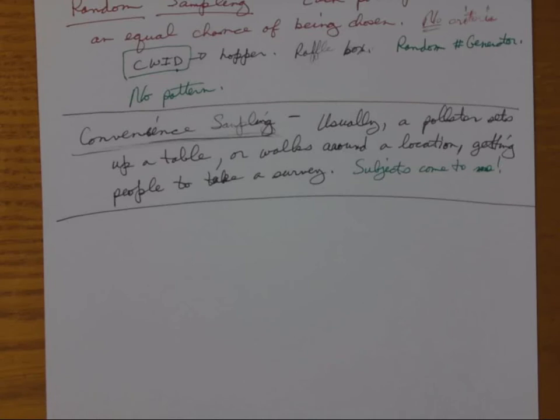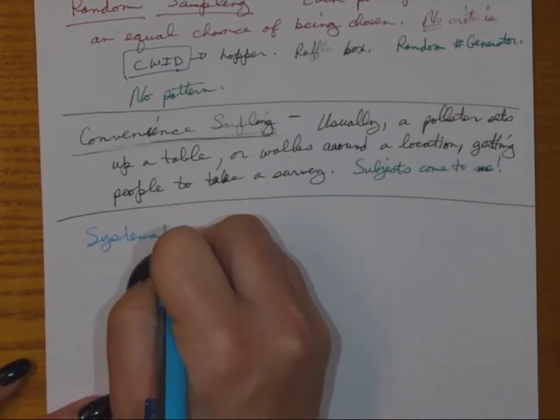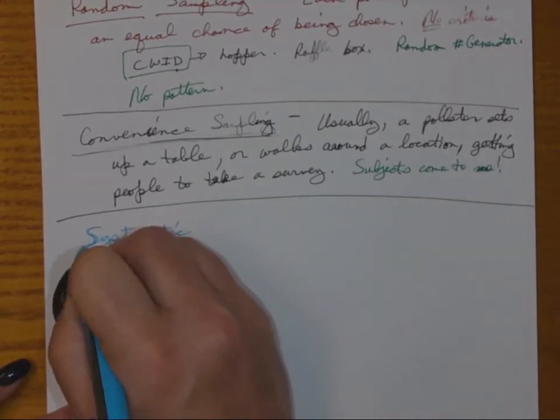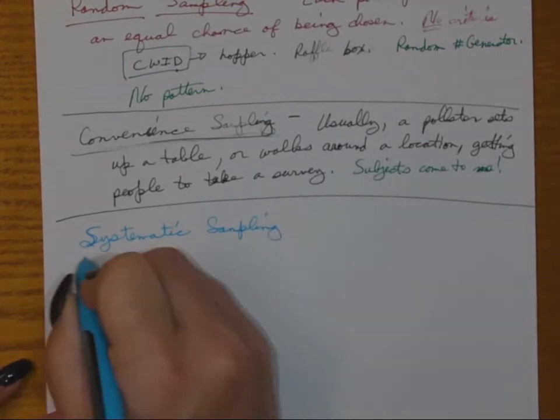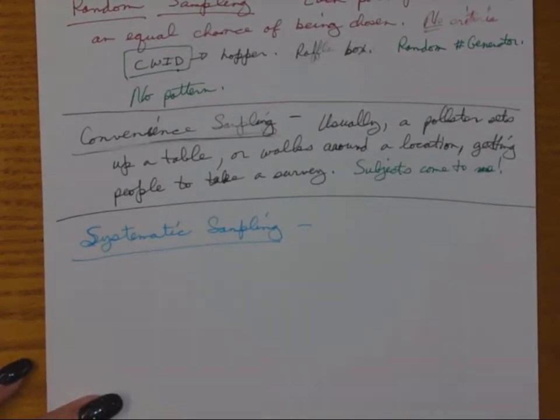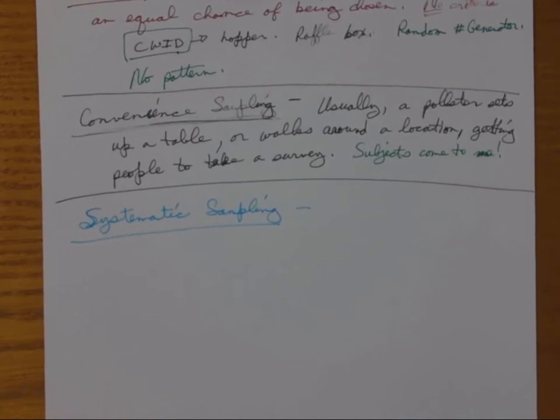All right, the next one, systematic sampling. This is like what we just talked about with the dorm rooms, where I said, I'm going to go see every 10th person, or every whatever.